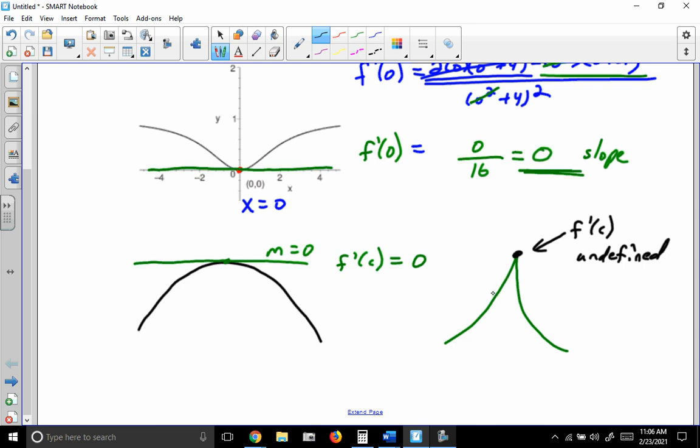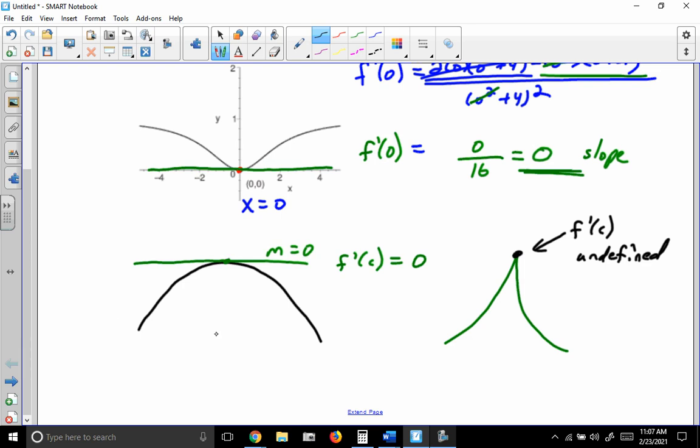We said that looking from the right side, it looks like we would have a slope that's positive. If we approach that point from the left side, it looks like we should have a slope that's negative. So we're approaching a different tangent line from different sides. So our tangent line has an undefined slope. We don't really know what the slope of the tangent line is there.